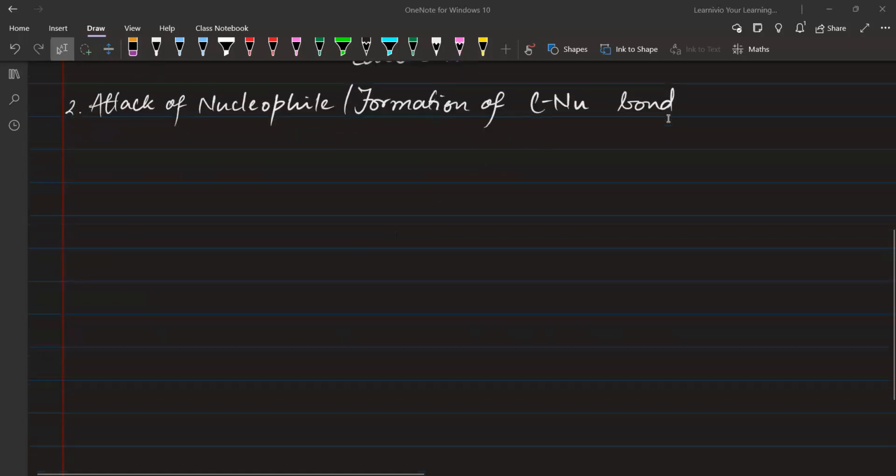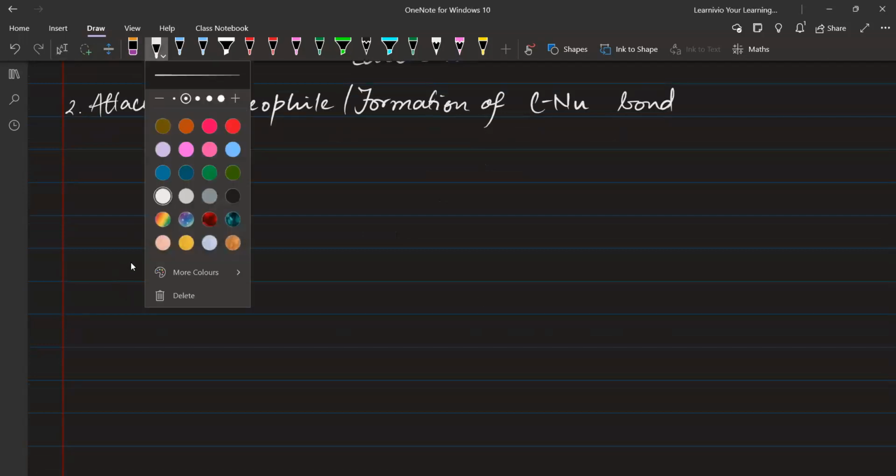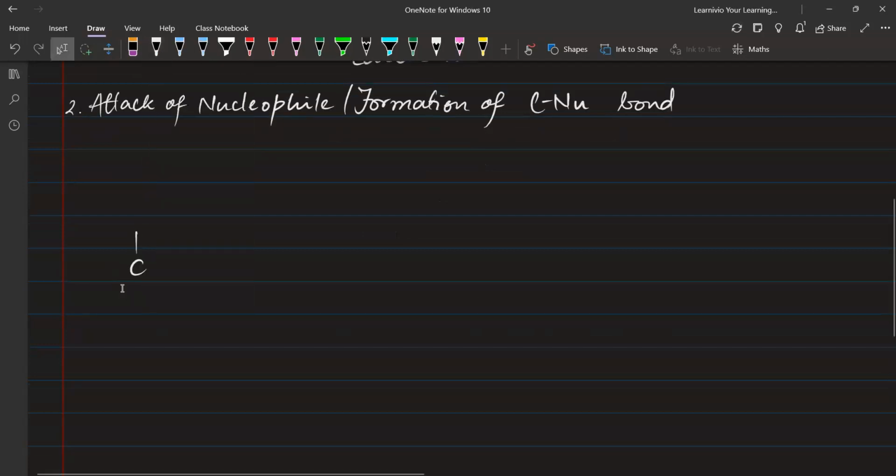So when the carbon atom is sp2, it will have three bonds and it will have one vacant orbital, that is the p orbital. Here you will have one group, here the second group, here the third group. And there will be a p orbital which is vacant like this.